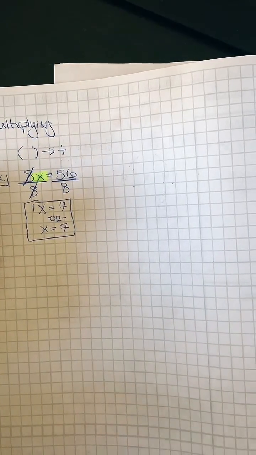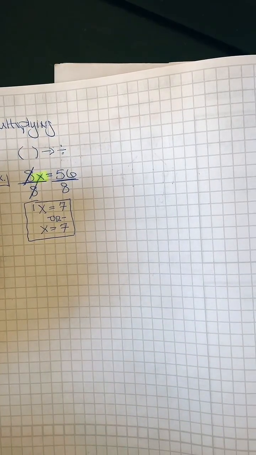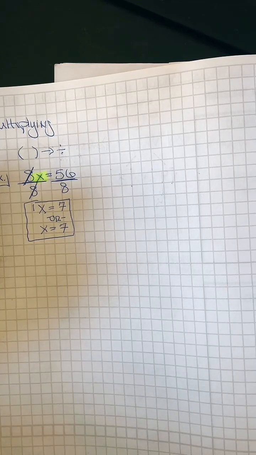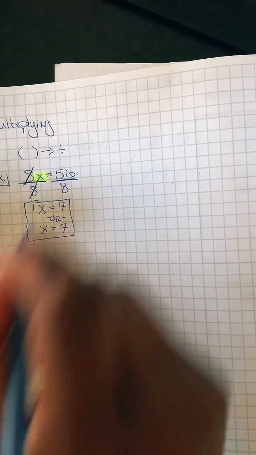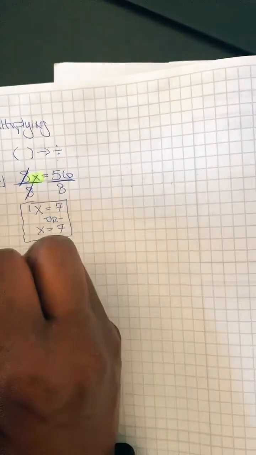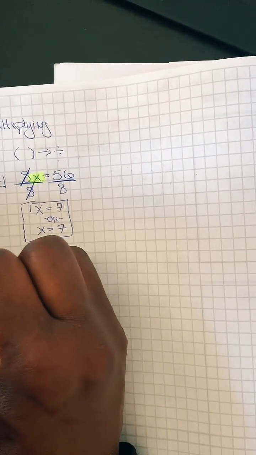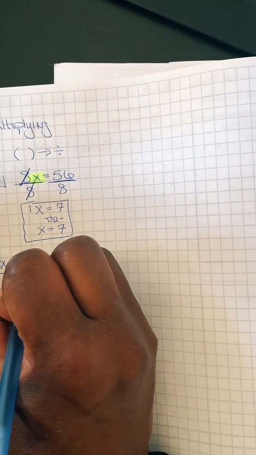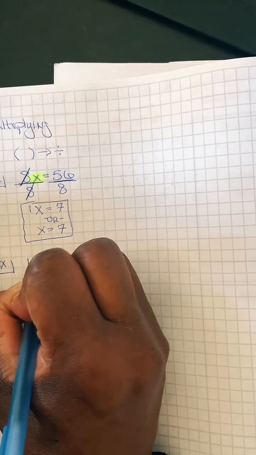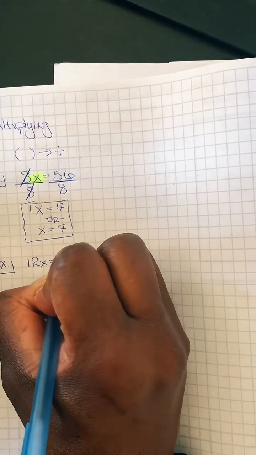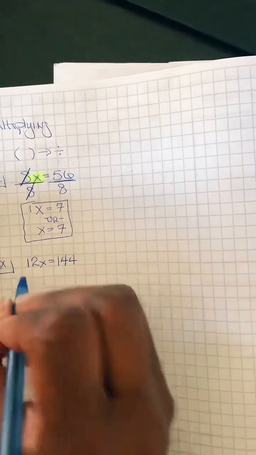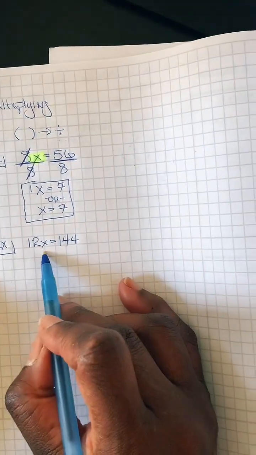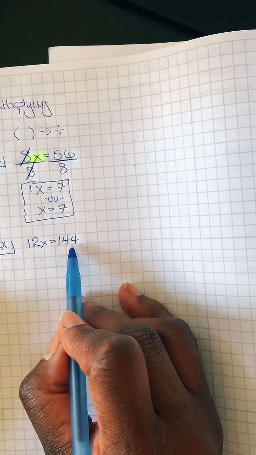So let's try another one with multiplication. Let's say, actually, let me put it underneath here. So if I say 12x is equal to 144. So I have my 12x equals 144.